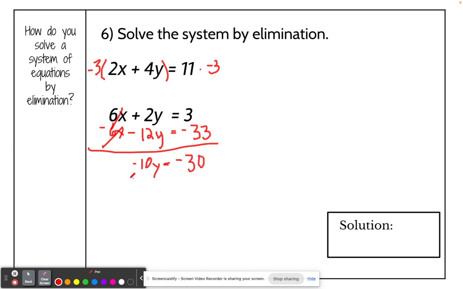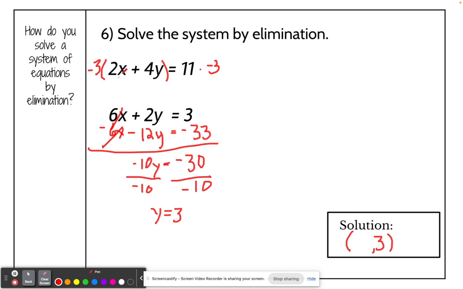Last step, I'm going to divide everything by negative 10, and I get y equals positive 3. Negative 30 divided by negative 10 is a positive 3. So in my solution, my y is going to be 3.